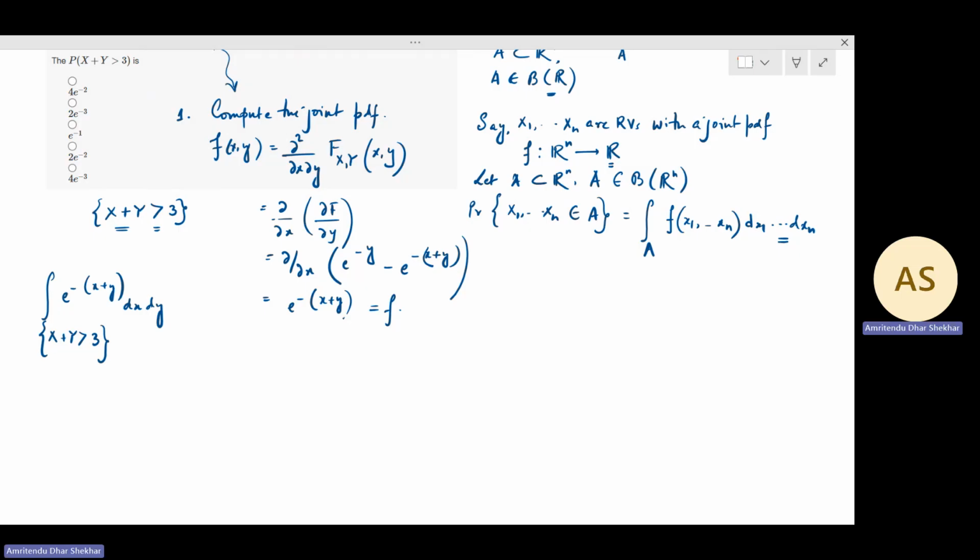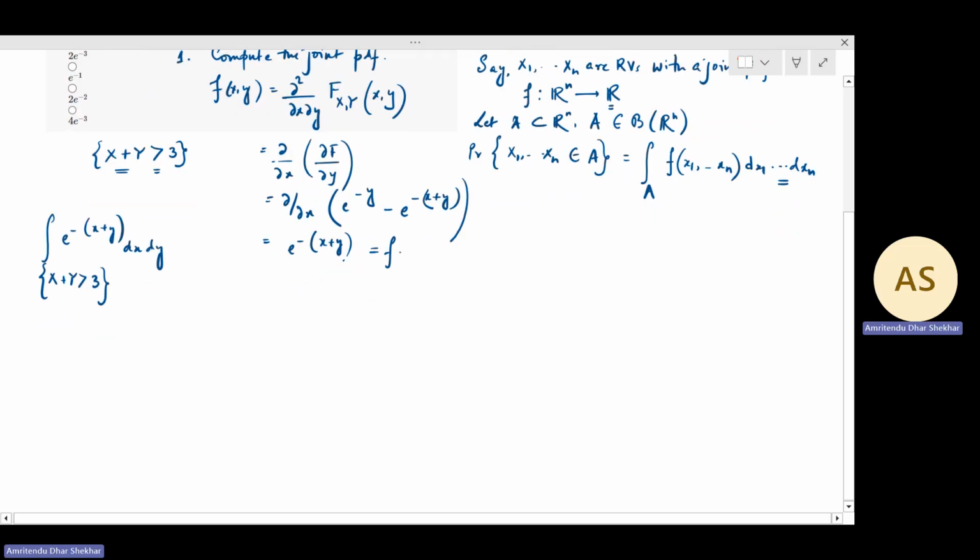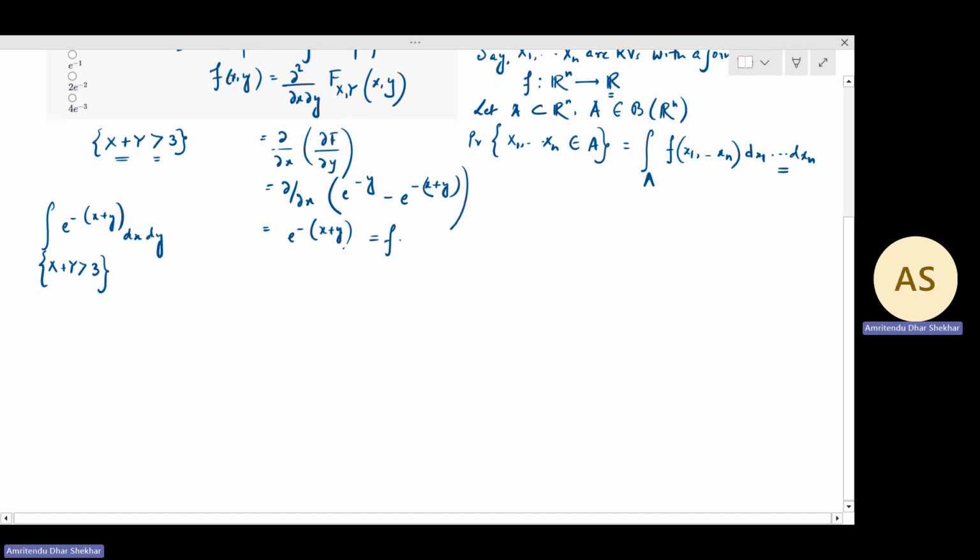Now, of course, this integral exists, and so by Fubini's theorem, you can solve it in an iterated manner.